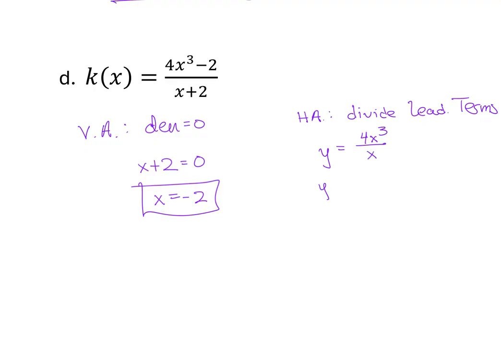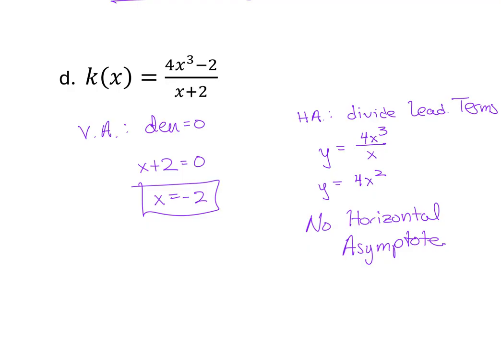If you simplify this, what you get is 4x squared. This is not a horizontal line, so we have no horizontal asymptote. And that is all we're going to say about this particular example.